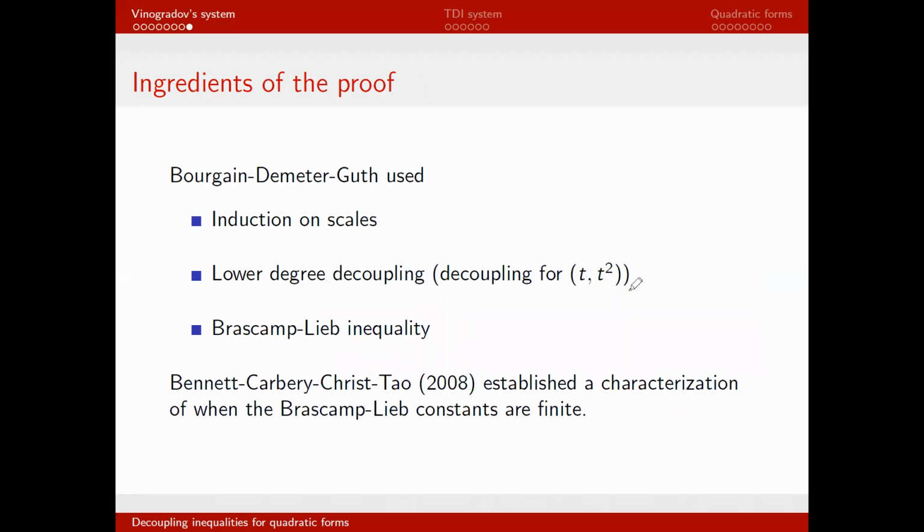At some step, the cubic term doesn't play a role, and what they did was use decoupling for the parabola to decompose the moment curve into smaller pieces. The last ingredient is the Brascamp-Lieb inequality, which is very crucial in their proof. This inequality was proved by Bennett, Carbery, Christ, and Tao in 2008.